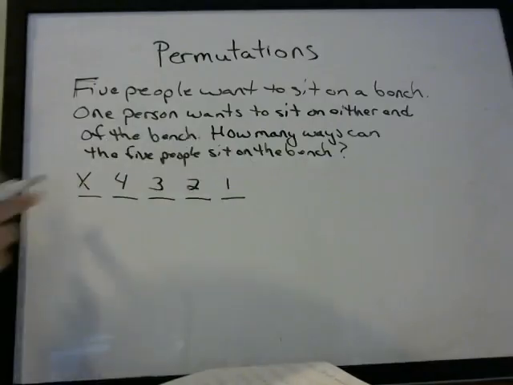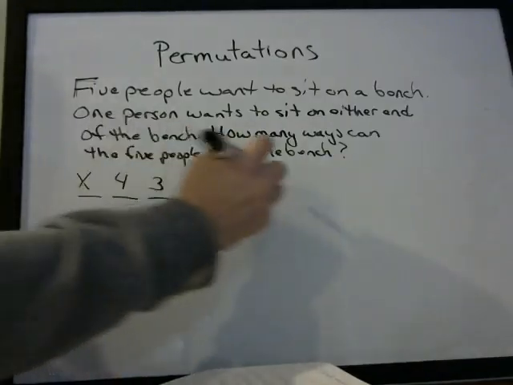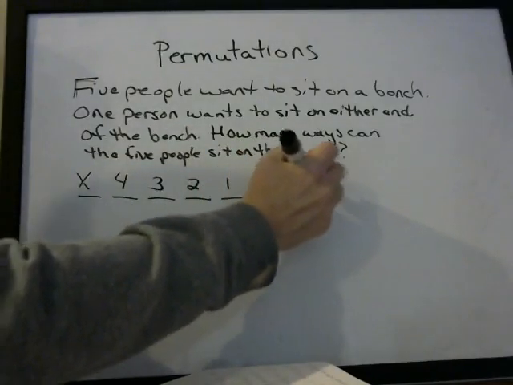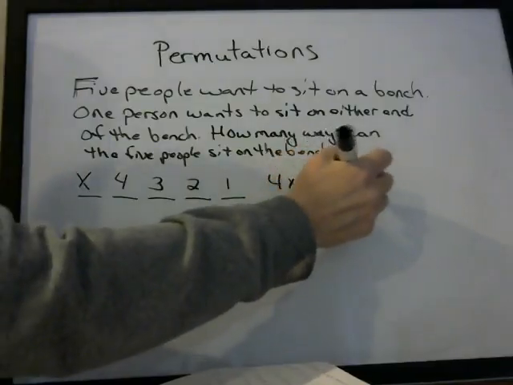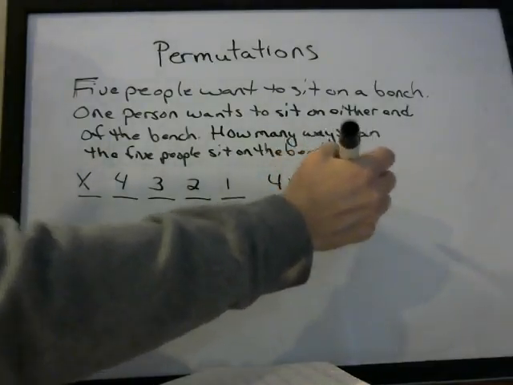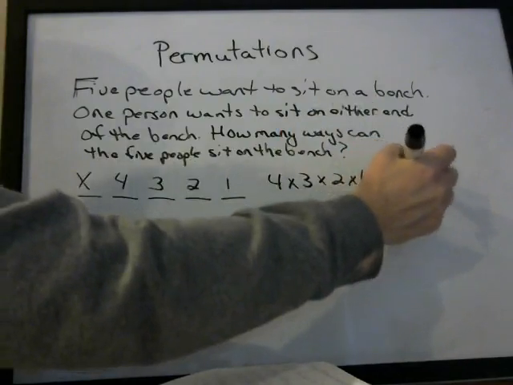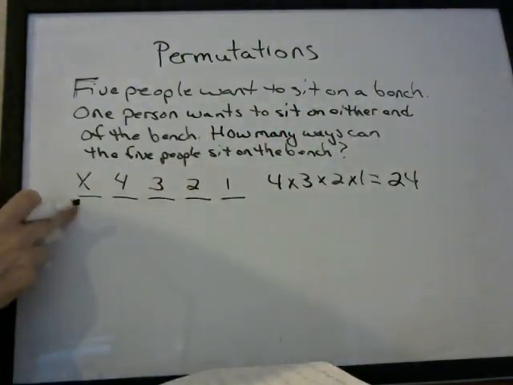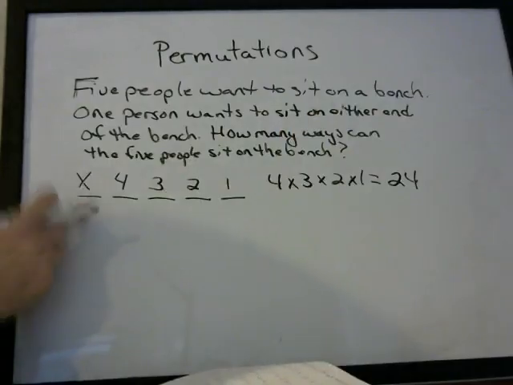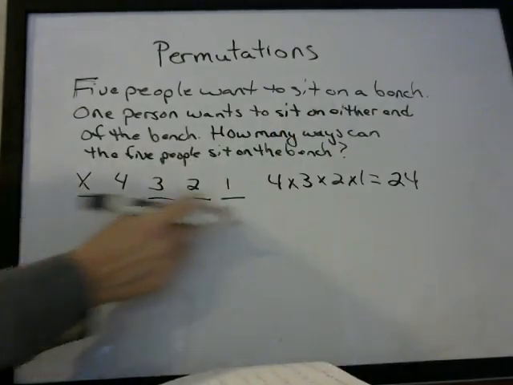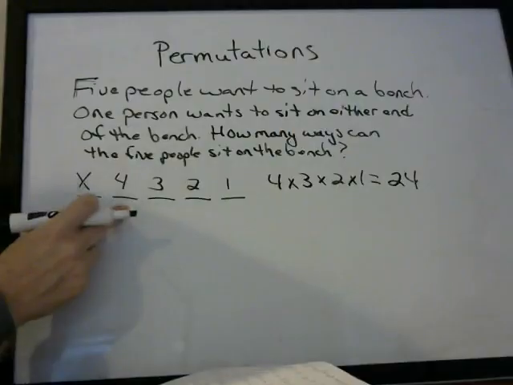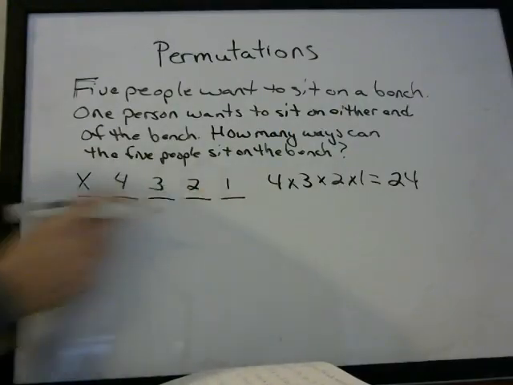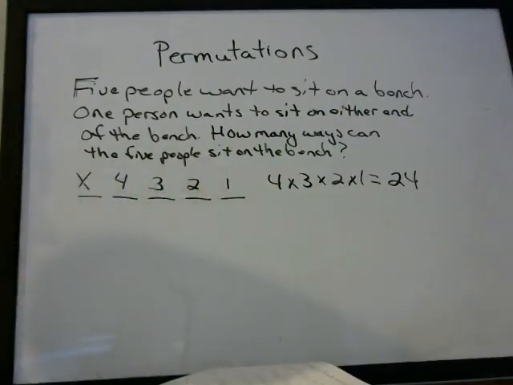So, in this scenario, there's 4 times 3 times 2 times 1 equals 24. There's 24 ways that the people can sit on this bench because this guy is fixed. But all these guys can move around in 24 different ways. So there's 24 different ways that these 5 people can sit on the bench.